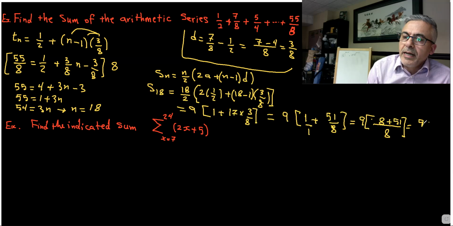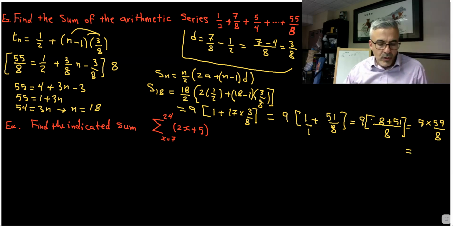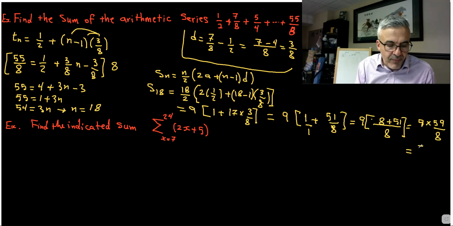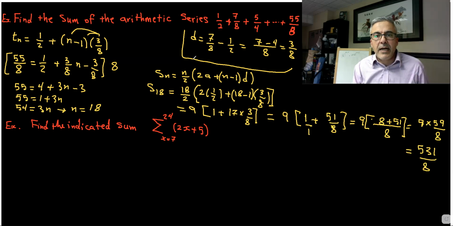So I'm just going to carry the 9, so 9 times 59 over 8, which equals, so the final answer is 531 over 8, and that's the sum of this series.